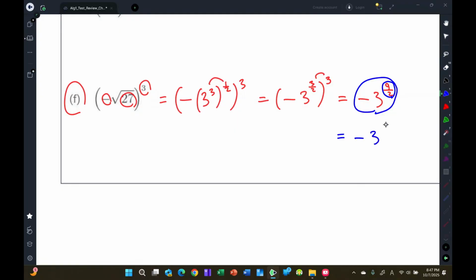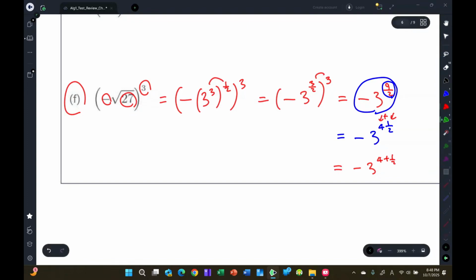negative 3, 4.5. And if you remember, a mixed number is actually 4 plus 1/2, right? It's not 4 times 1/2, but 4 plus 1/2. So I could rewrite this as negative 3 to the 4 plus 1/2. Now what?